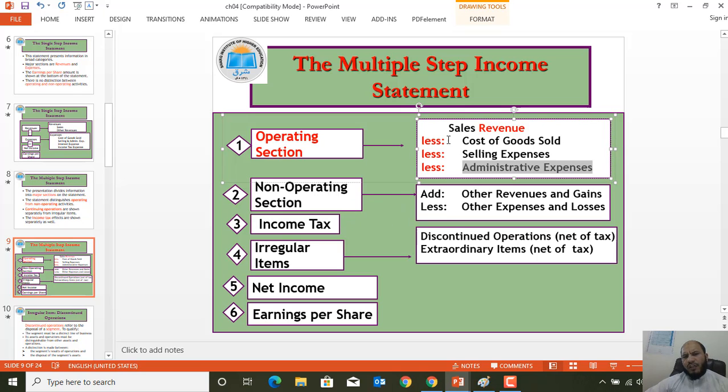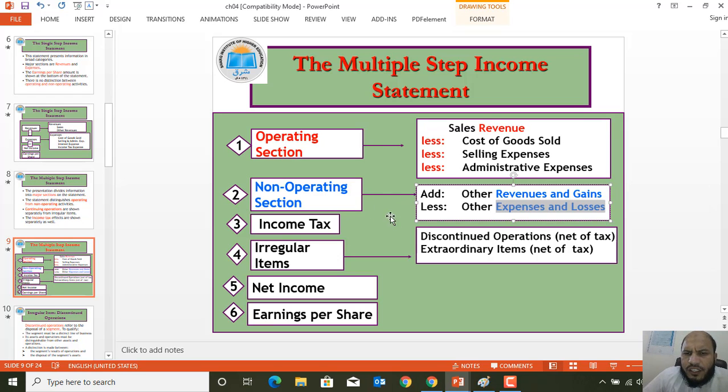Dear students, we also have the non-operating section. Non-operating sections are where we have, for example, other revenue and gains, like financial gain, revenue from financial activities, or interest expenses, which are a type of expense for the company.